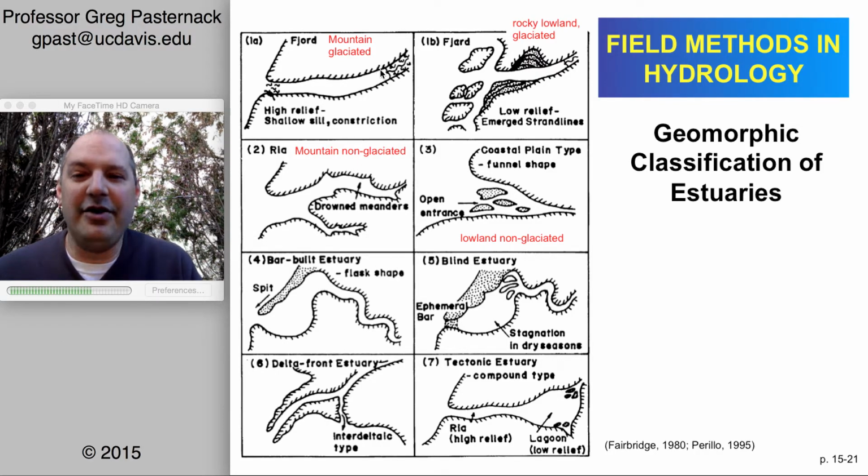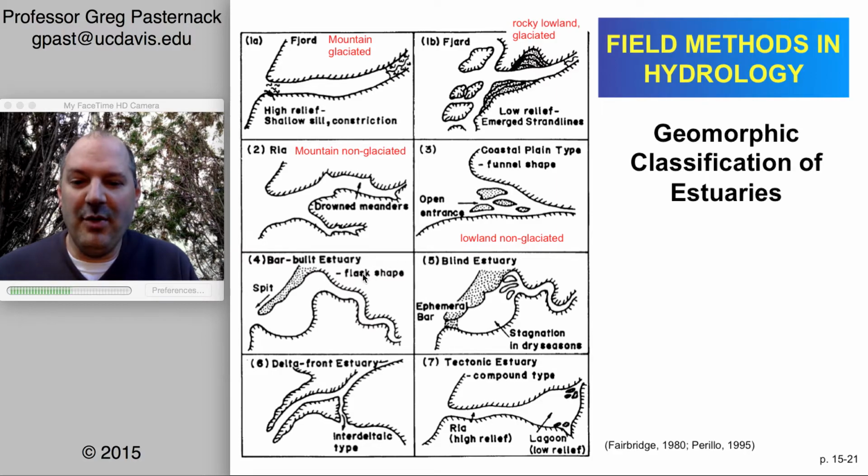So we're drowning that and then emerging it and so forth. With the coastal plain type, there may be more of a funnel to that. I mean, this image here looks like the classic Delaware estuary, but other ones have much more of a traditional river network dendritic pattern to them. They just are lowland settings.